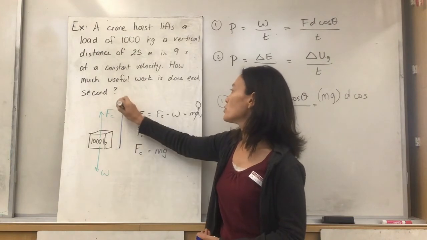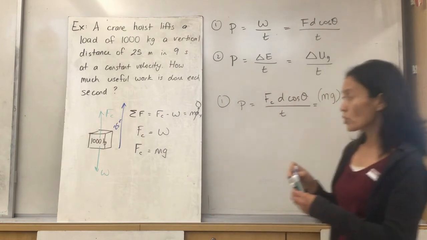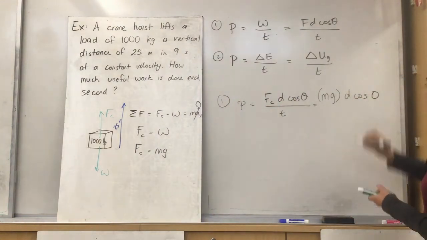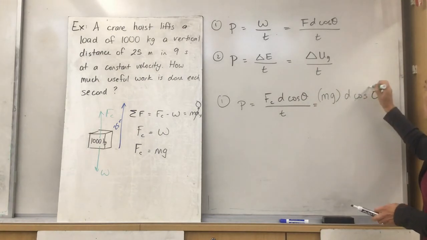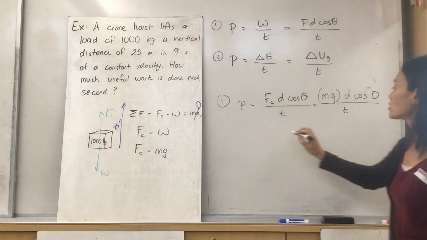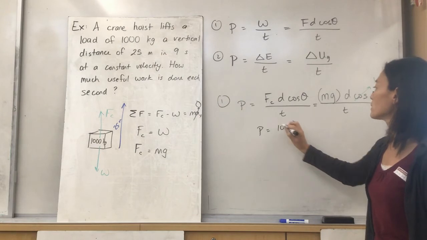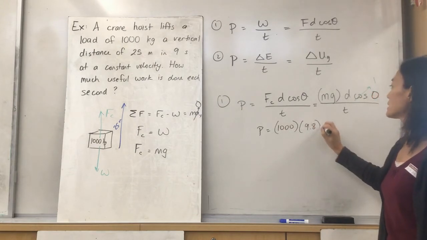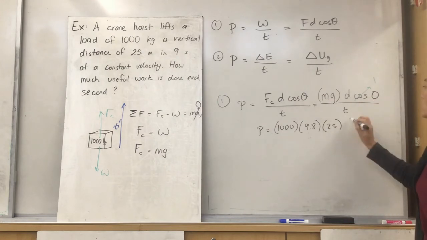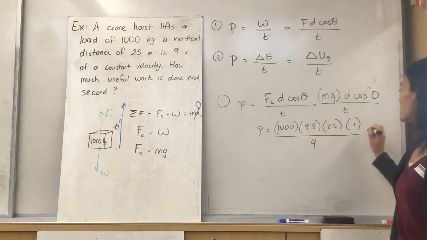The distance it's moving is up, 25 meters. So the angle between up and up is 0, and cosine of 0 is just 1, and then divide that by my time. Plugging in values, my mass is 1,000, gravity is 9.8, distance is 25, times 1, divided by my time of 9 seconds.